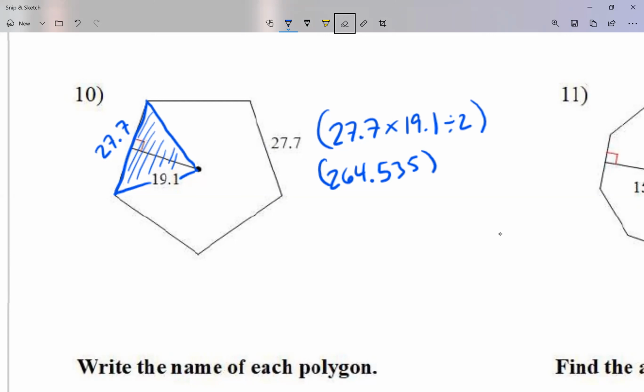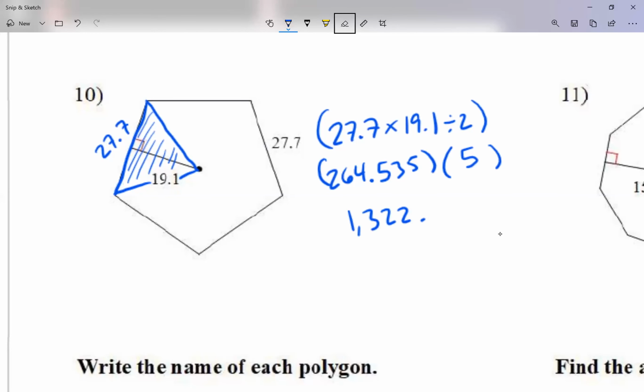Remember, it says round your answer to the nearest tenth. I'm not rounding anything yet. I'm going to multiply this triangle by how many sides my polygon has. In this case, it has 5 sides. You can count the sides. There's 5 of them. So let me multiply this out, and it gives me 1,322.675. Okay, I'm going to round now.